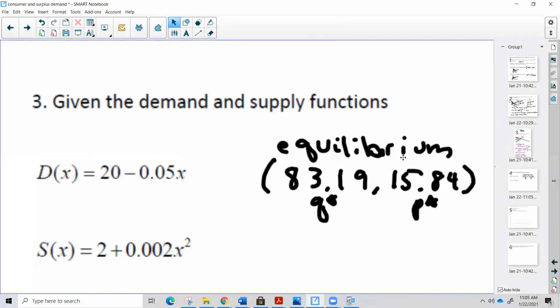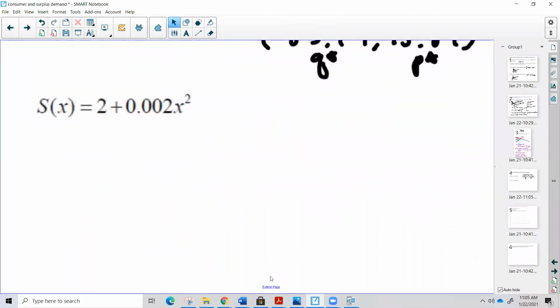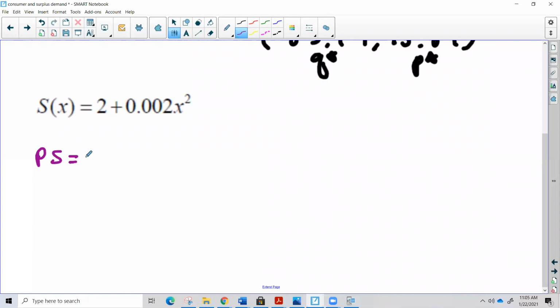Okay, so this is my demand and my supply. That was my equilibrium point. That's the main things I need for the producer surplus. Okay, so I'm going to write PS. Again, the formula for this one, you take the rectangle first, and then you subtract out the integral from 0 to Q star of your supply curve.